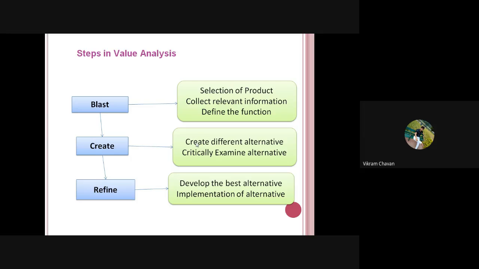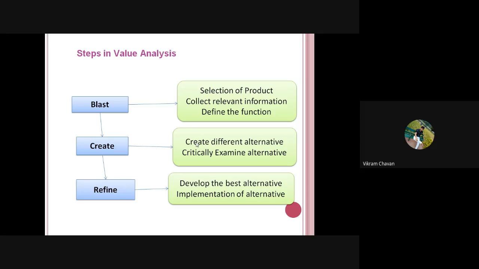So you need to find out alternatives to increase productivity and to reduce the price of the product or the production cost. So creativity: finding out different kinds of material and alternative manufacturing processes. That is nothing but create different alternatives.